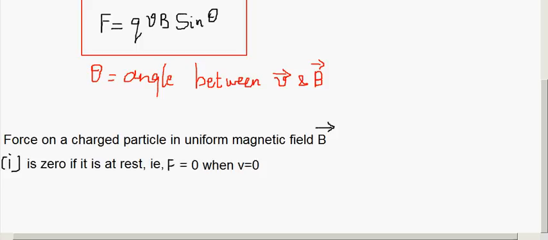Now the second case, that is the case when theta equal to 90 degree. If theta is 90 degree, then sin 90 is 1. The force magnitude is qvB, and I can say that this force is maximum.